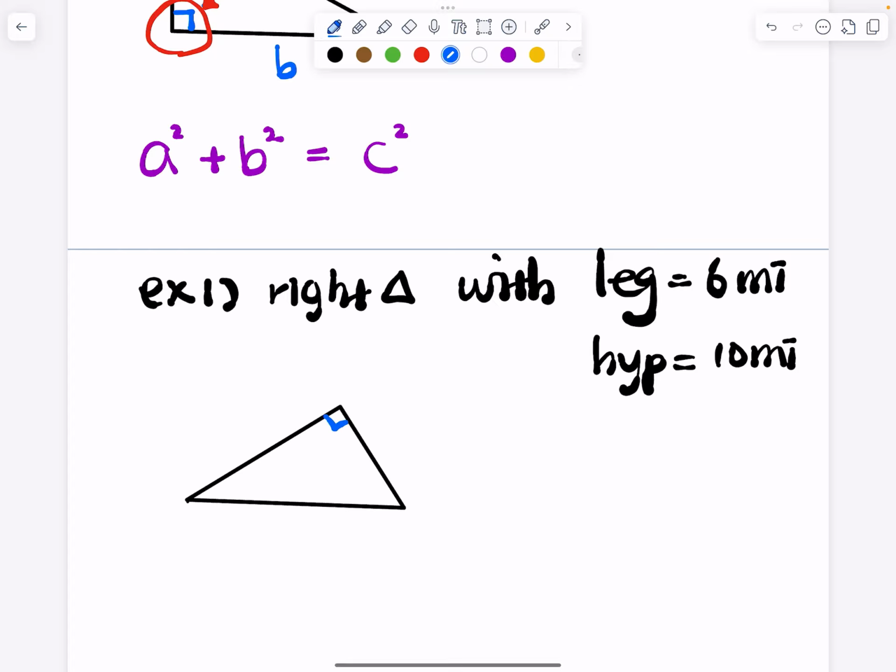So this right triangle has a leg of 6 miles. Can I label this leg? It doesn't matter which one you label 6 miles, but the hypotenuse is 10 miles. Again, the hypotenuse is the side sitting right across from the right angle, which is the largest angle out of all three, right? Because the other two have to be acute.